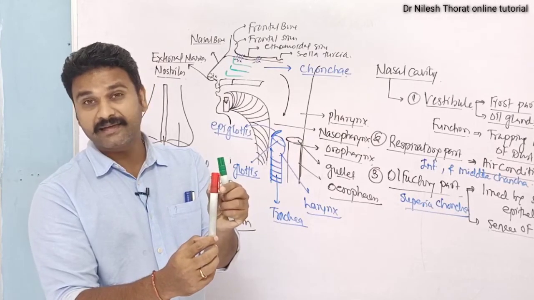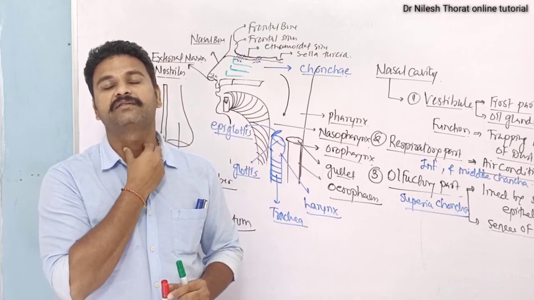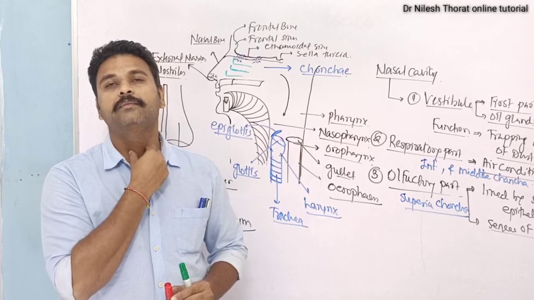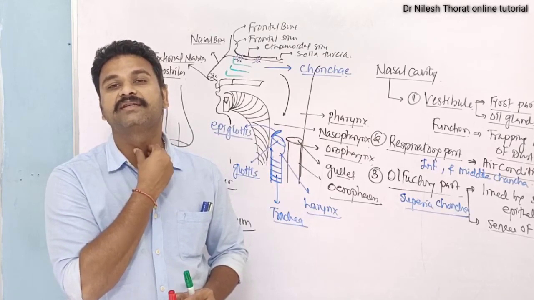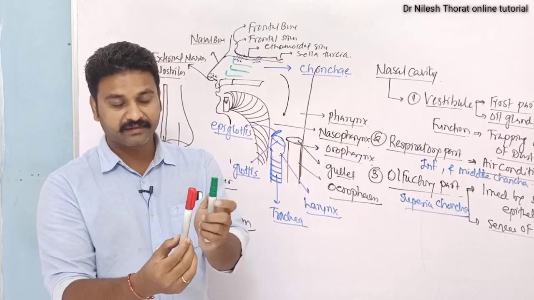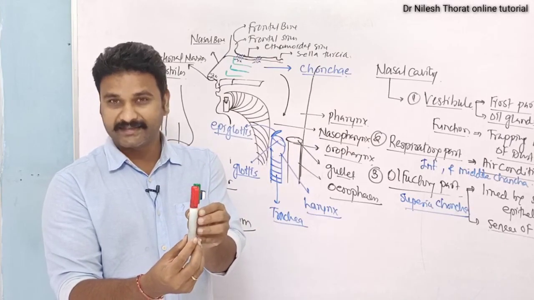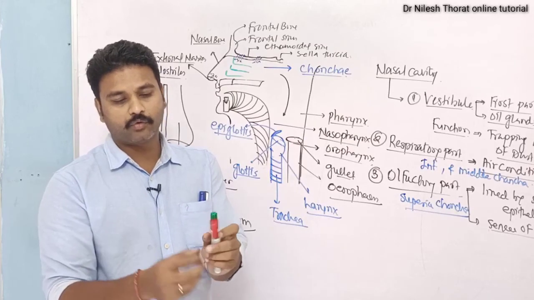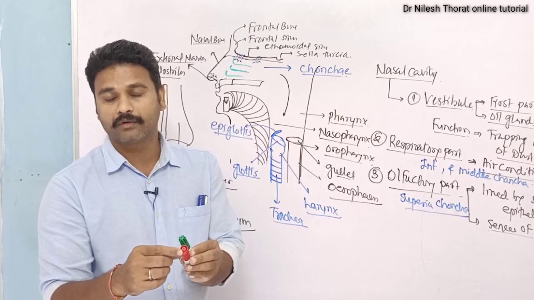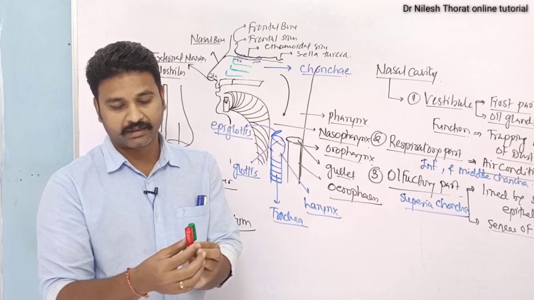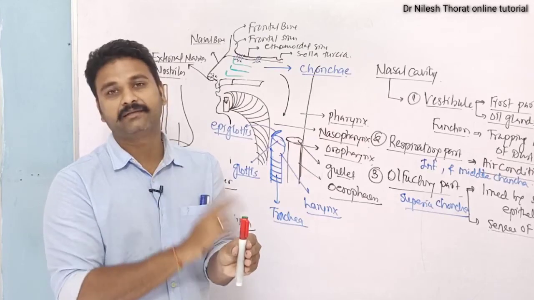This trachea is supported by C-shaped cartilage, so if you palpate this structure, you can feel the tracheal rings. This is the movable structure called the trachea, and behind the trachea there is another tube, a collapsible tube, called the esophagus. This is the opening of the esophagus, called the gullet, and this is the opening of the larynx, called the glottis. So there are two tubes present in the neck, one behind the other.